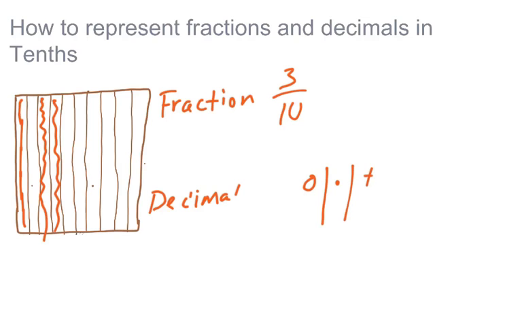For tenths, I'm going to put THS. I have no ones or no wholes, and I have 1, 2, 3 tenths. Same way, the only thing we're looking at is just the numerator. And we're going to have another lesson where I show you a little strategy you can use to quickly transfer from a decimal back to a fraction.